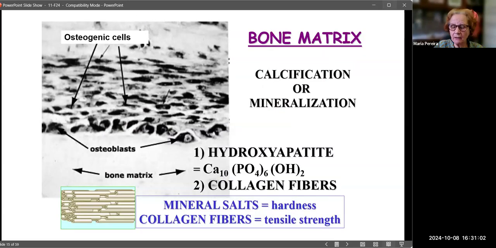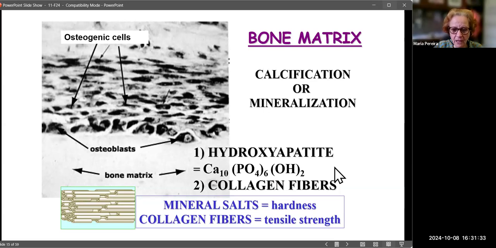So we talked about the cells in the bone, the osteoblasts and osteoclasts. But what makes up the bone matrix? So the bone matrix, where the osteoblasts and osteoclasts are located, is made up mostly of calcium salts.